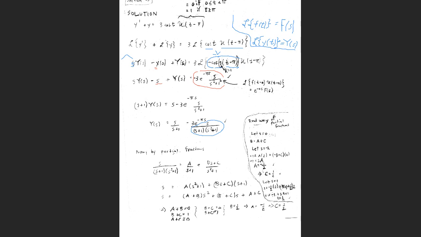You could use the definition, but it's going to really be more work. On the final exam, I'm going to want you to do it this way. I want you to demonstrate that you know the rules, like the second translation theorem. That's important. You're going to find it to be better to do it that way. Okay, very good.